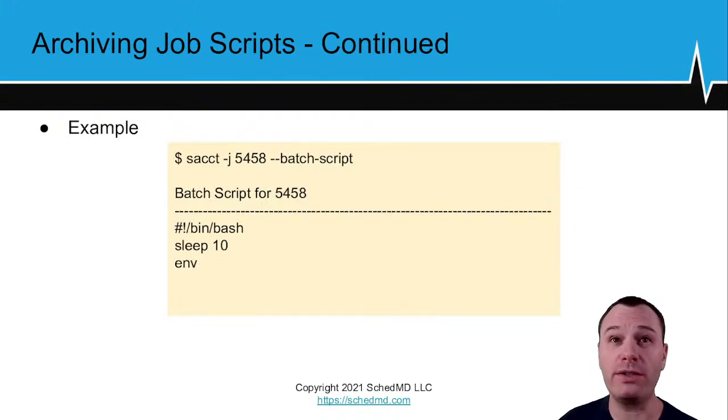So before moving on to the next subject, I have an example of what that shows when you run sacct with batch script. You can see a simple script that sleeps and prints the environment. Simple, but demonstrates this feature.